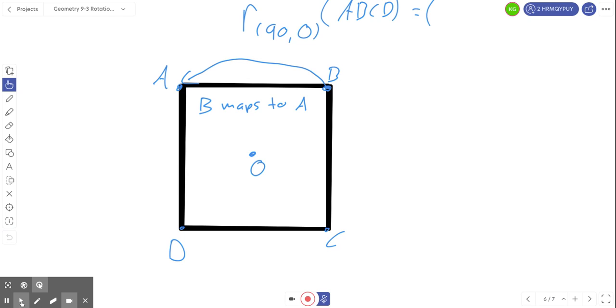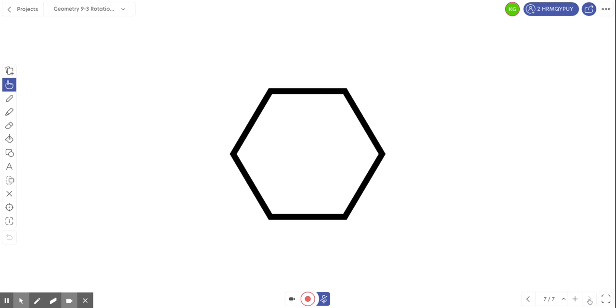And so when we're looking at problems like this, we are going to go outside of only rotating by 90 degrees, because this hexagon also has that rotational symmetry. Let's just do it with the hexagon.